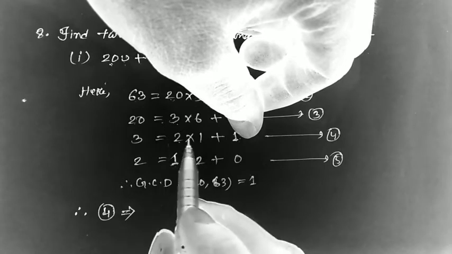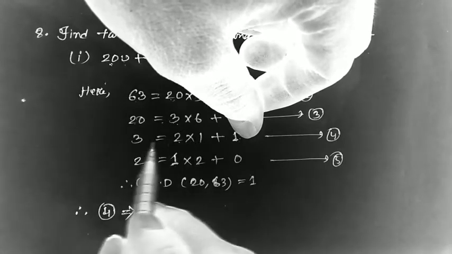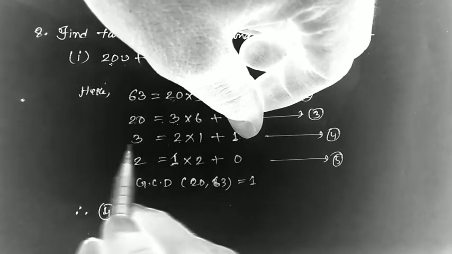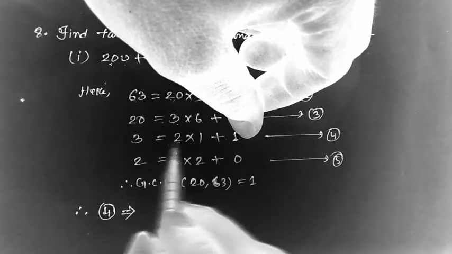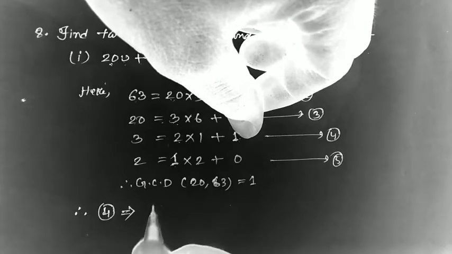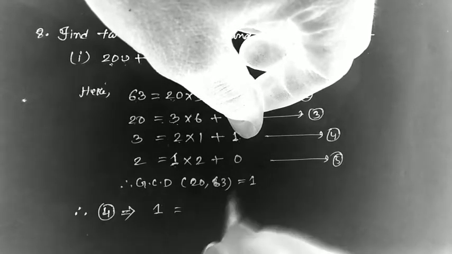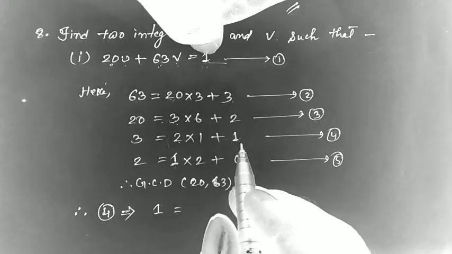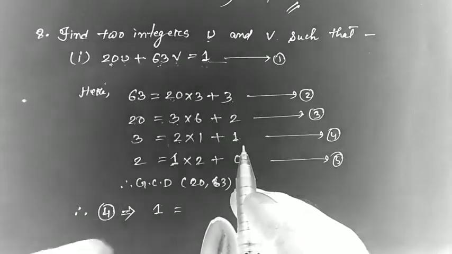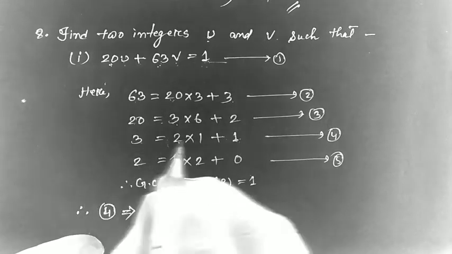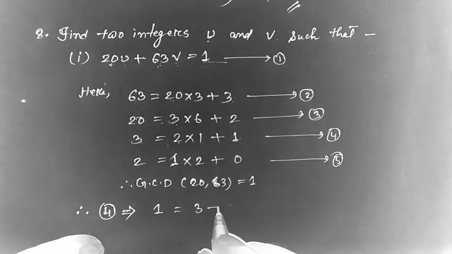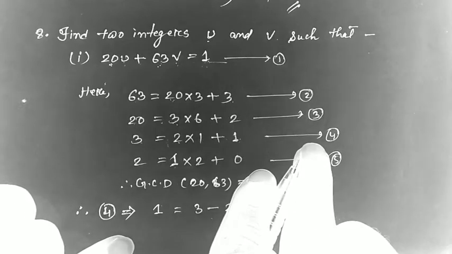So it is matching with the equation. Now what will you do? We will take the equation where the remainder is the GCD. Listen carefully, we will take that equation where GCD is present as remainder.